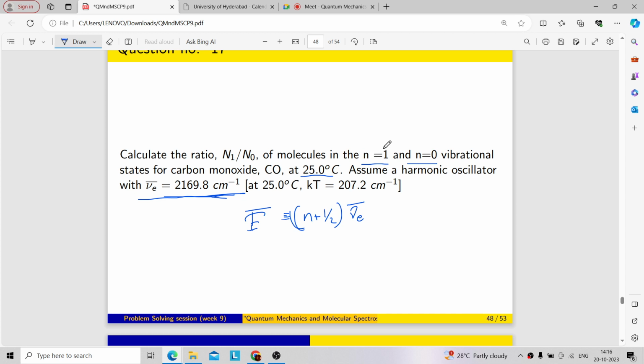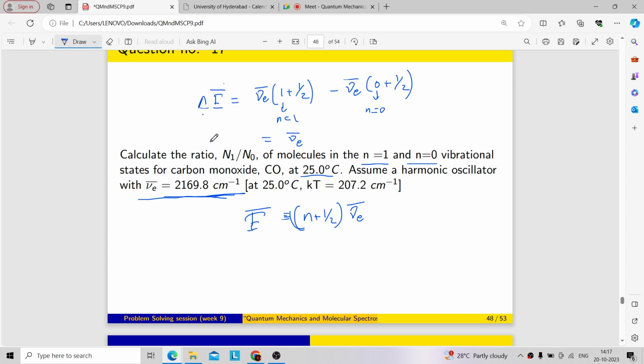If there is a transition, then the energy difference between these two states, let's write it as delta E, will be nu e bar times 1 plus half minus nu e bar times 0 plus half. Here n equal to 1 and this is n equal to 0. If you solve this, you will get nu e bar. So this change in energy will be equal to nu e bar.